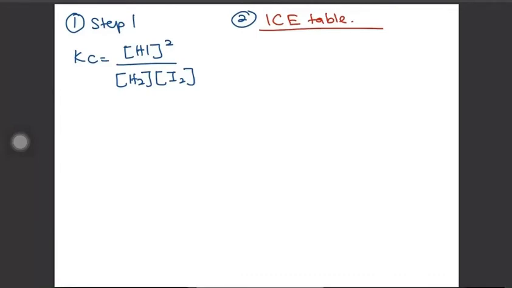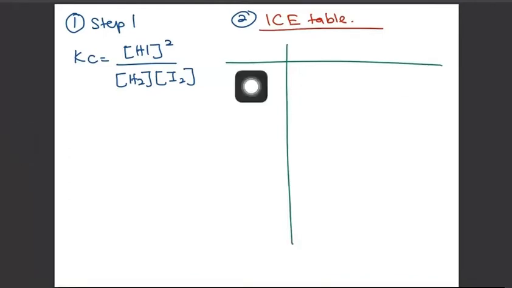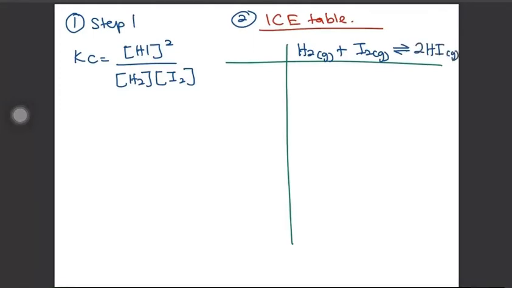So what is this ICE table? The ICE table has 2 columns. In the larger column over here, we are going to write out our equation. So please follow carefully. Hydrogen plus iodine, reversible arrow, to give hydrogen iodide as my product. Make sure the stoichiometry is written.